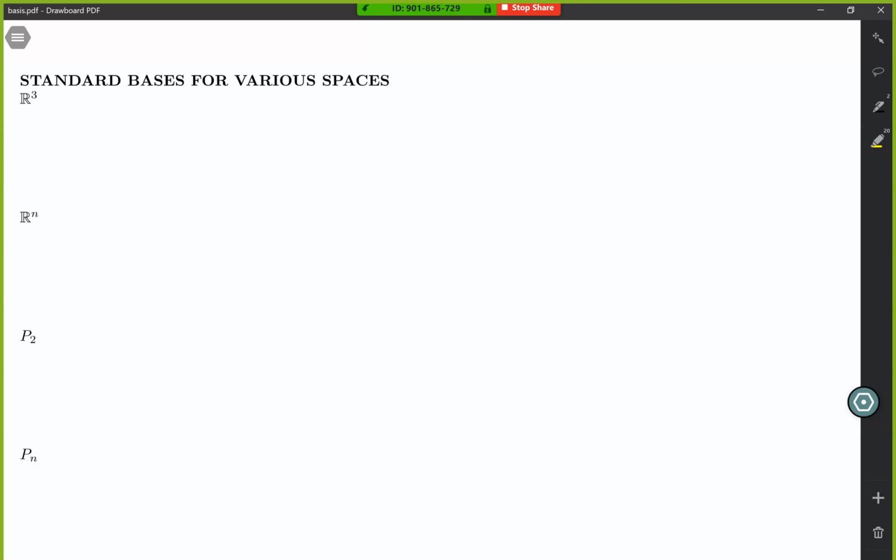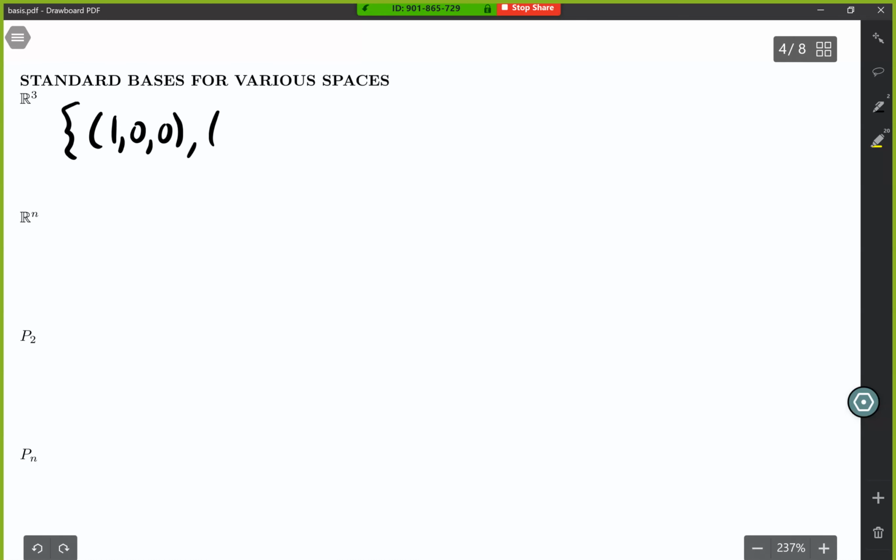Notice that when we put that set of vectors into a matrix form, we automatically had the identity matrix. We didn't have to do anything to it, right? It was already in reduced row echelon form. We saw the identity matrix. So that's why we refer to that as the standard basis. So the standard basis for R3 is 1, 0, 0, 0, 1, 0, 0, 0, 1.